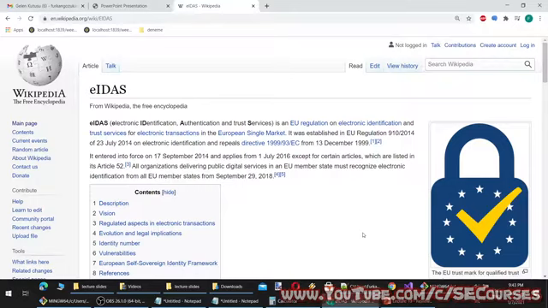It entered into force on the 17th of September 2014 and applies from the 1st of July 2016 except for certain articles, which are listed in its Article 52. All organizations delivering public digital services in an EU member state must recognize electronic identification from all EU member states from September 29, 2018. Okay.